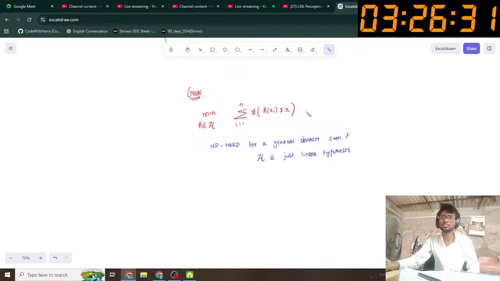You are going to say that it's an NP hard problem, and this NP hardness is not required at all, right? What you just need to know is that this formula is known as a 0 1 loss, and we are trying to figure out a model for the linearly separable assumption. That's all you need from this point, nothing more.